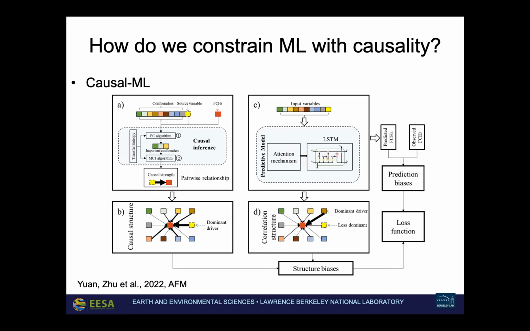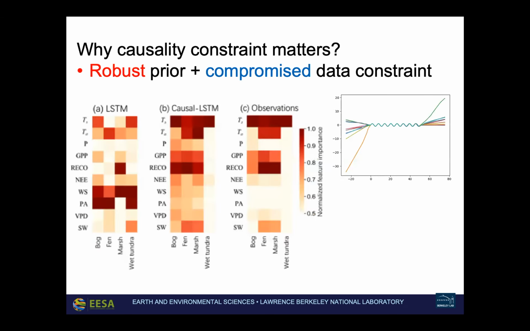Then if you train this model, it will care about two parts. One is how well the model performs in terms of simulated methane flux. And second is how well this model can capture the robust prior that you define by the causality network. So why does it matter?